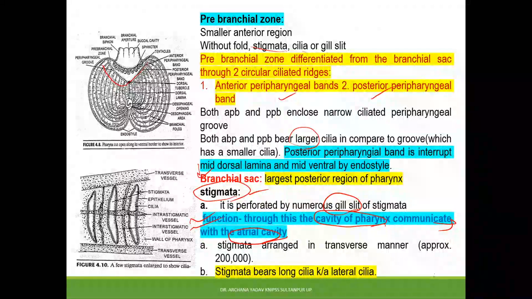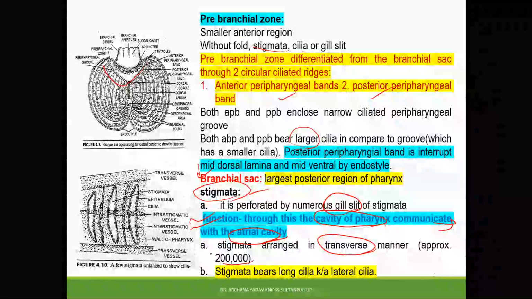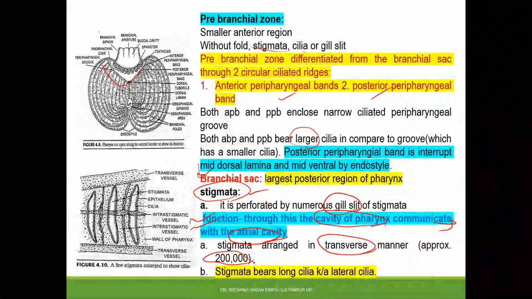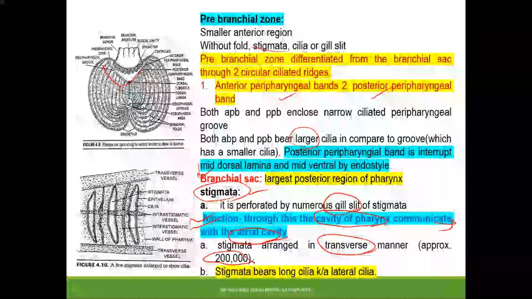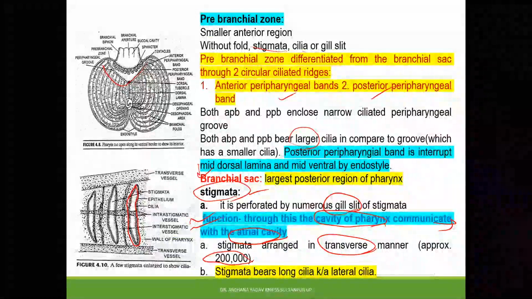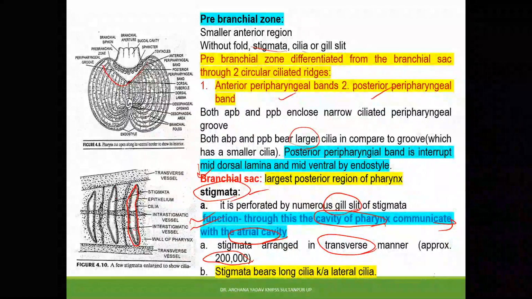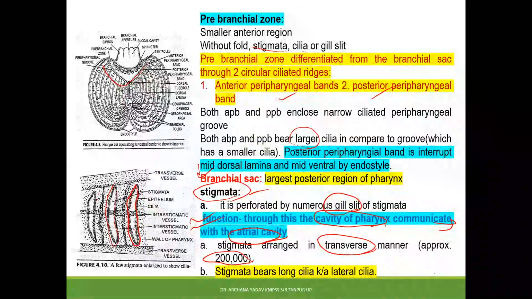The arrangement of stigmata is in a transverse manner, and their number is approximately 2 lakh. Stigmata have lateral cilia. See in this diagram, they are very small in size. On the inner side of the stigmata is the lateral cilia.